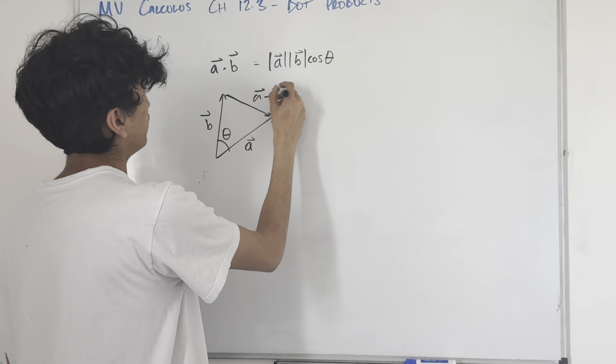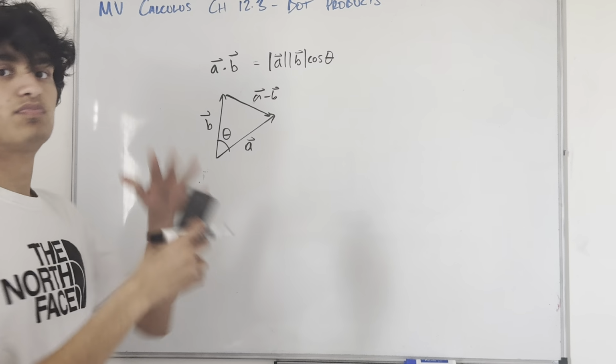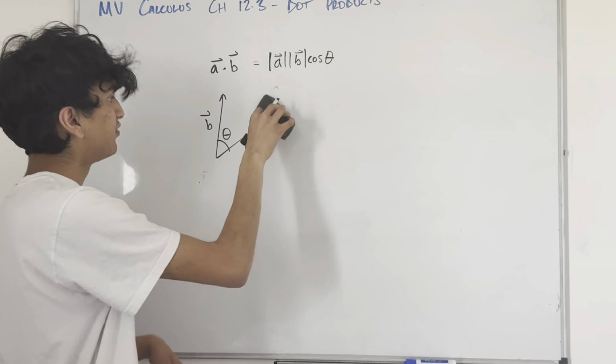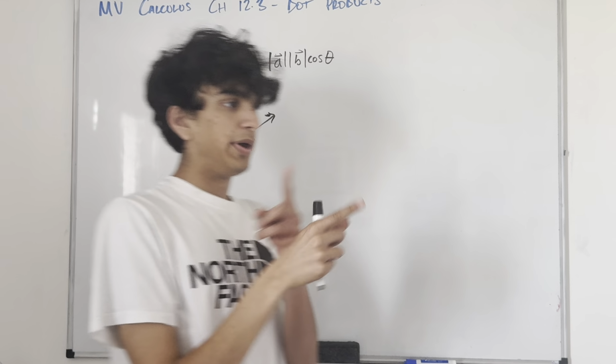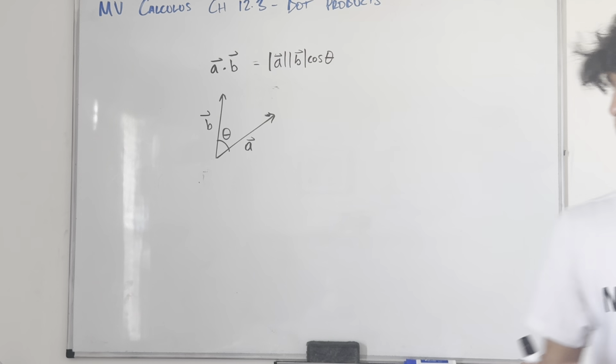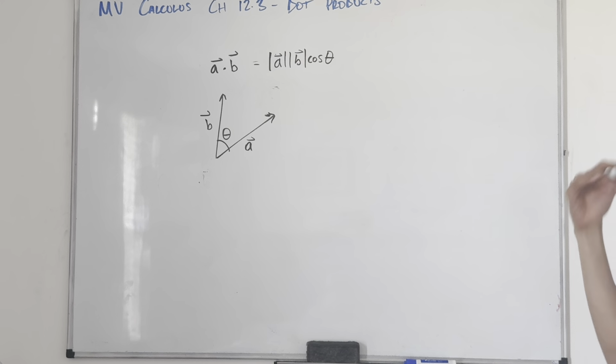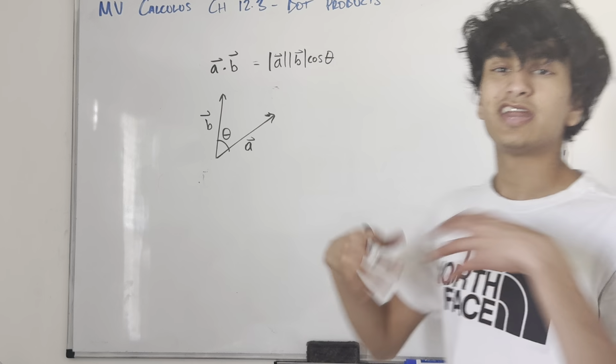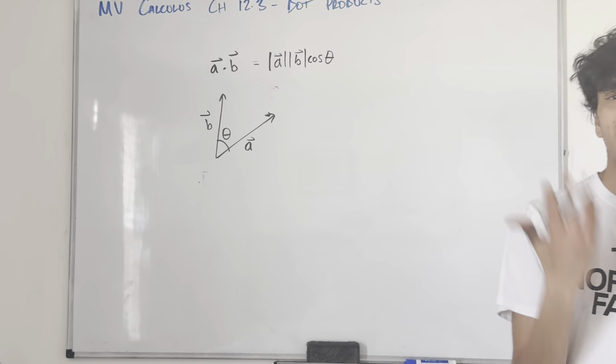But what this theorem gives us is an idea about how parallel two vectors may actually be. So what do I mean by that? When you take a dot product, you will sometimes get a negative value, sometimes a positive value, and sometimes 0, right?